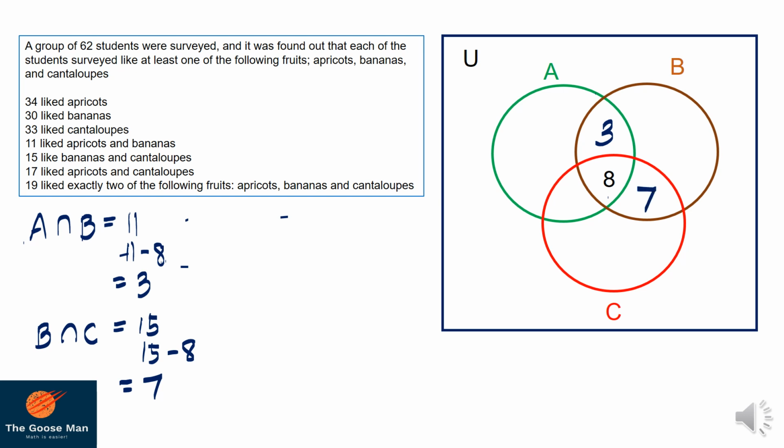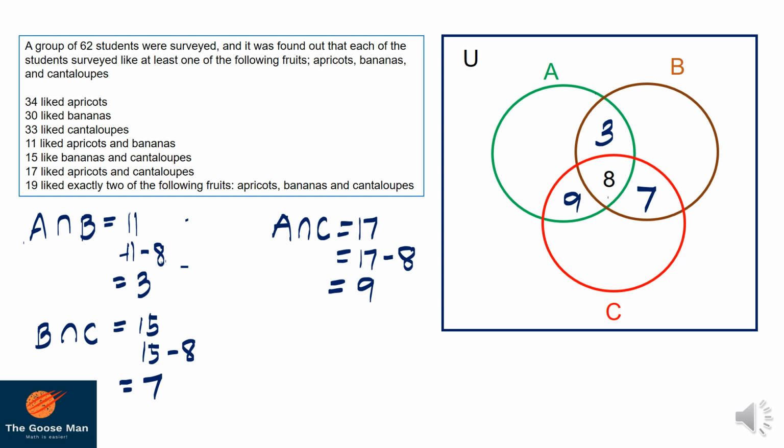Next, I have here A intersection C, meaning the apricots intersection the cantaloupes is equal to 17. That area is this area. I have already 8 here. To get the value of this part, 17 less 8 is equal to 9. So I write here 9. Next, according to the problem, 33 like the cantaloupes.